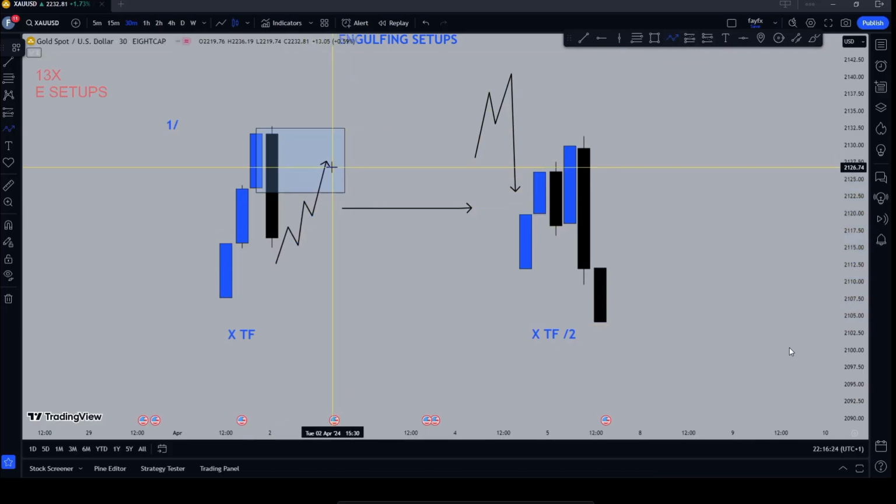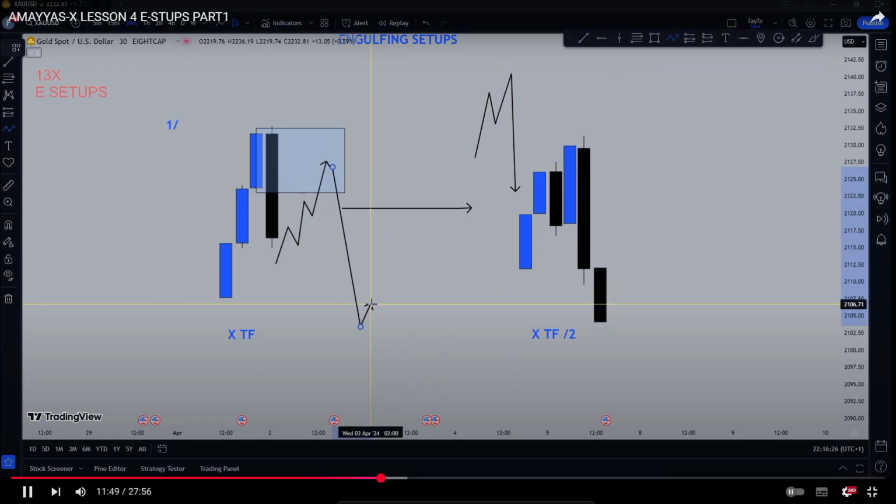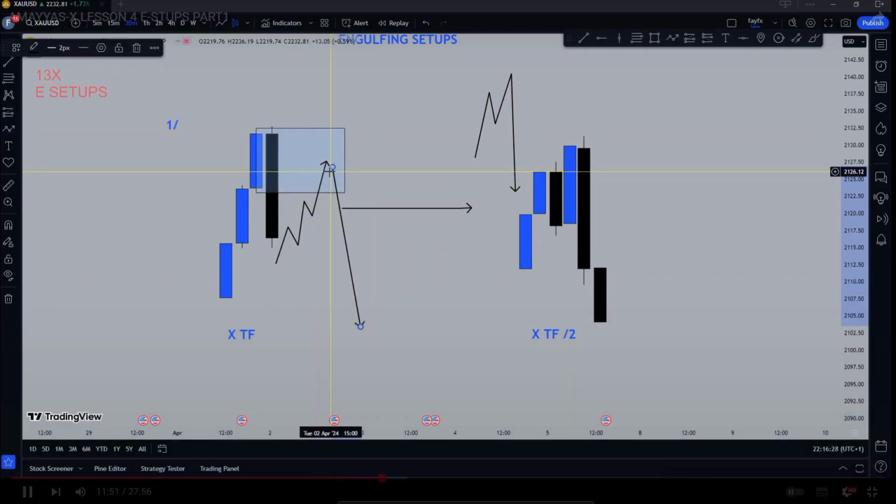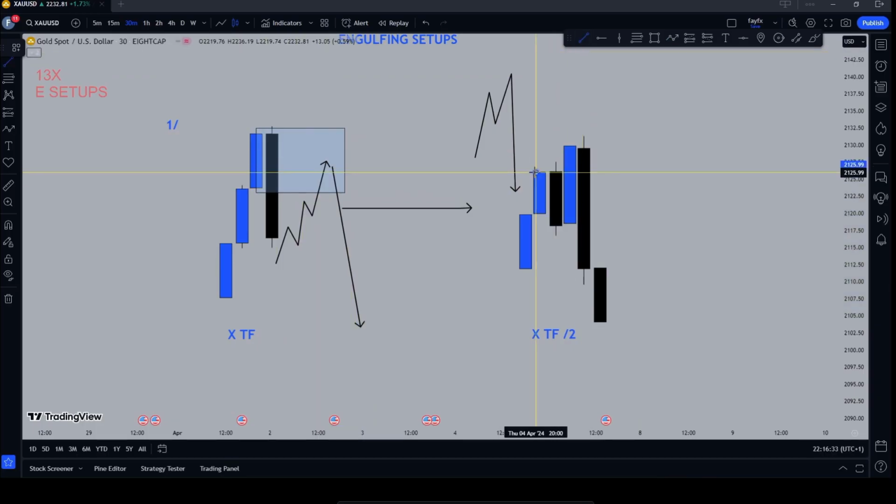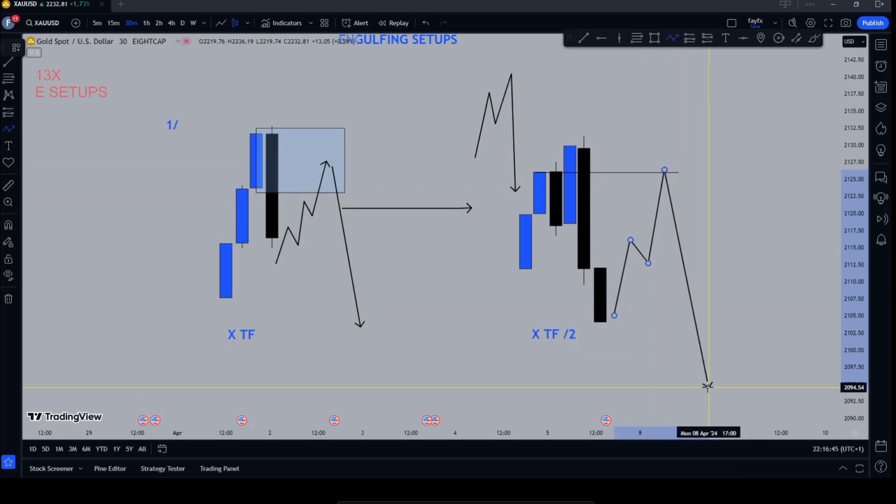Touch this area and goes down. But where? Exactly at this left shoulder level. Price touches this level and drops down.